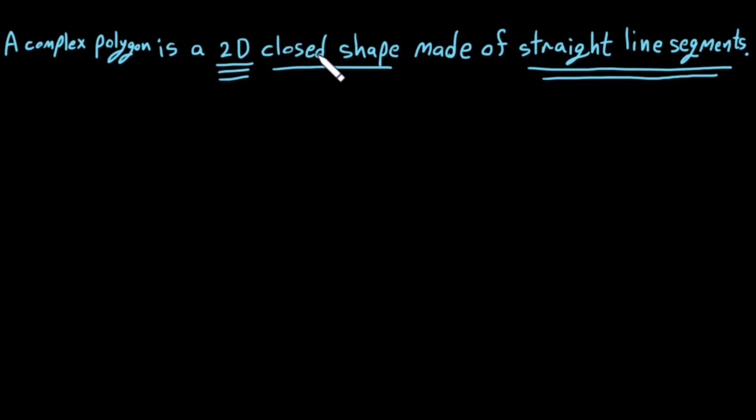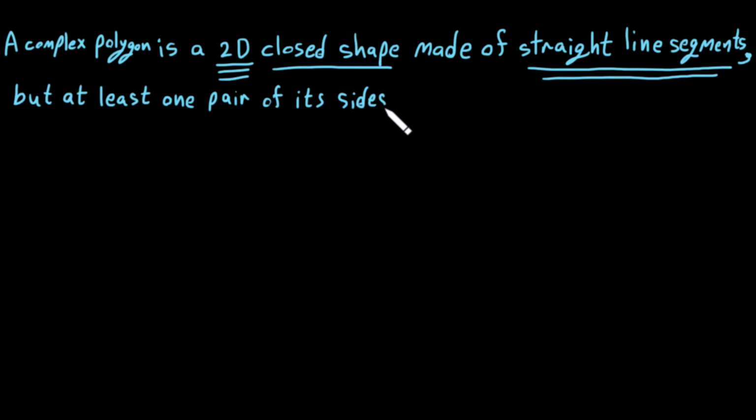is a 2D closed shape made of straight line segments, but I will just put here comma, but at least one pair of its sides cross each other.